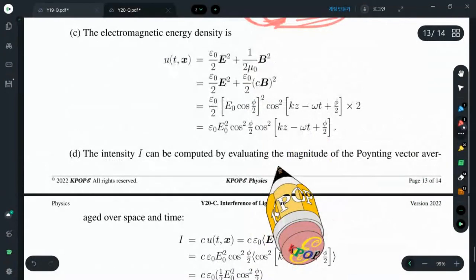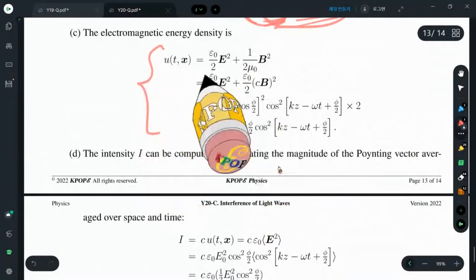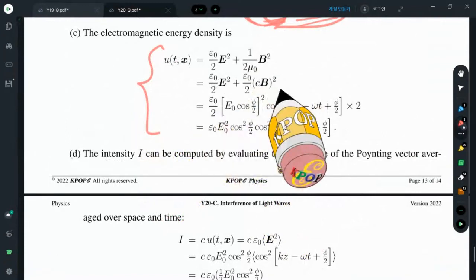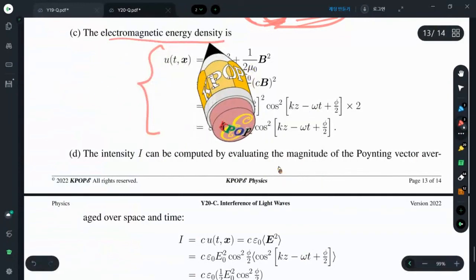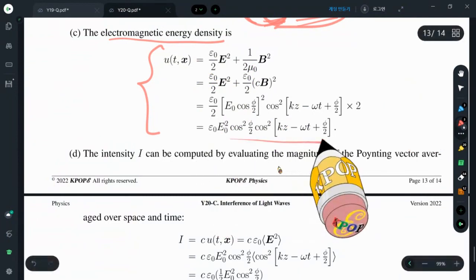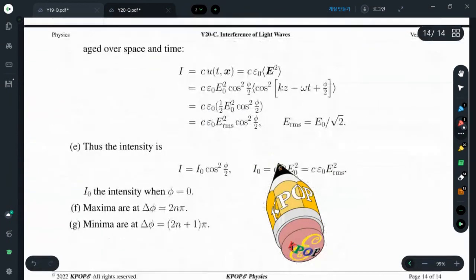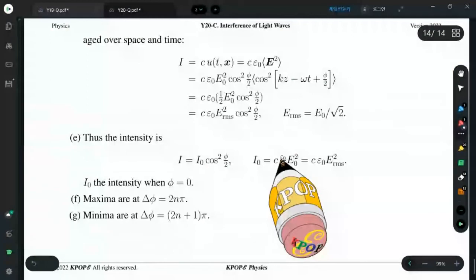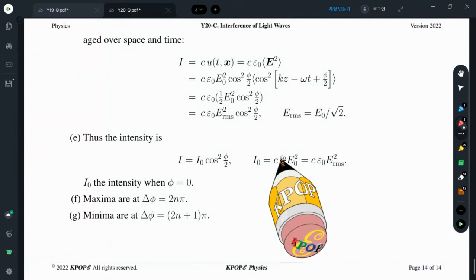Okay. Again, we can consider the brightness to be related to the electromagnetic energy density deposited at that point. Using this, in the next lecture, we will study further the details of the interference pattern of the diffracted light wave.